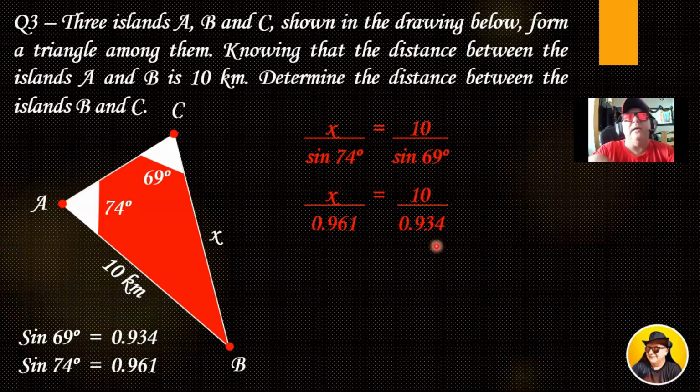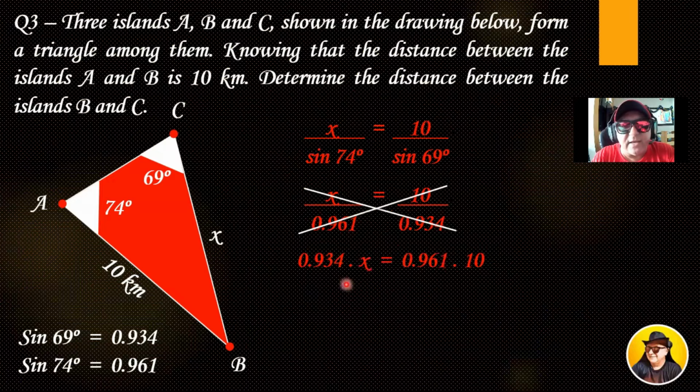Now let's multiply in cross. All right. So let's do it. And then we have something like this. 0.934 times x is 0.961 times 10. Doing this multiplication, I have now that 0.934 times x is 90.61.